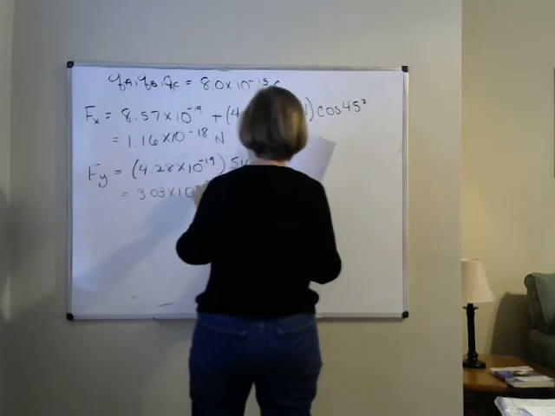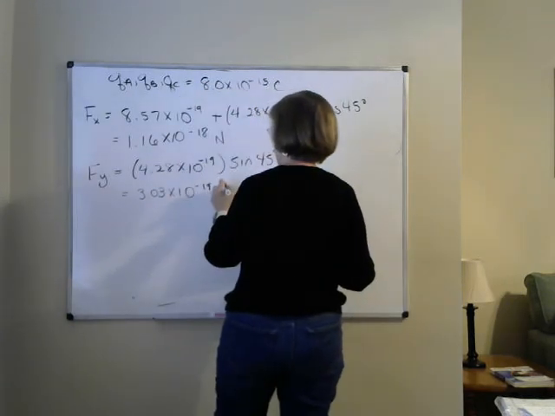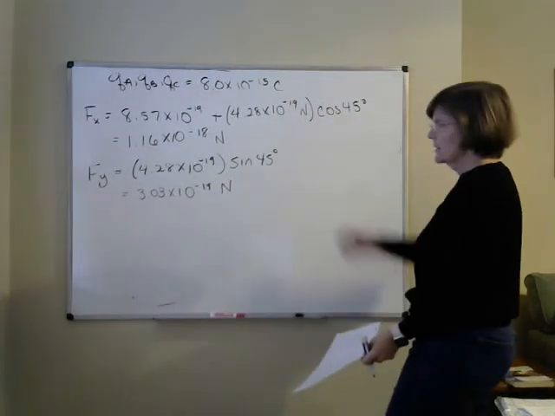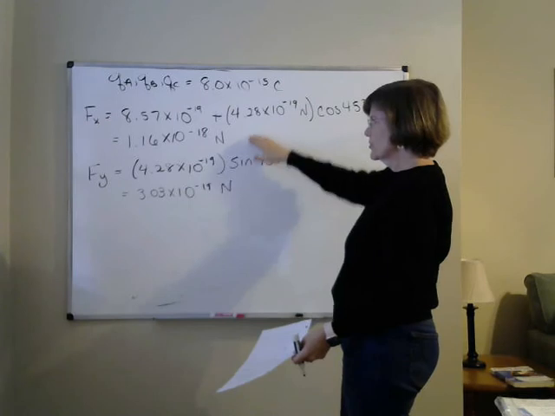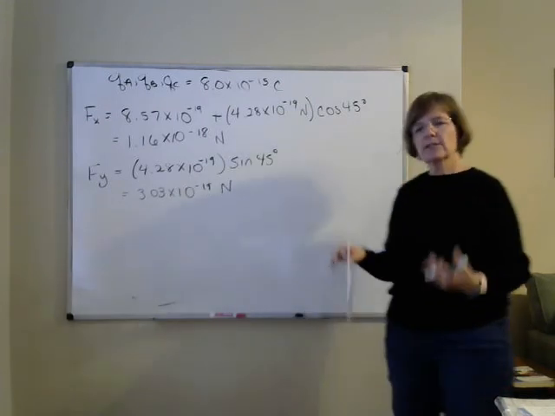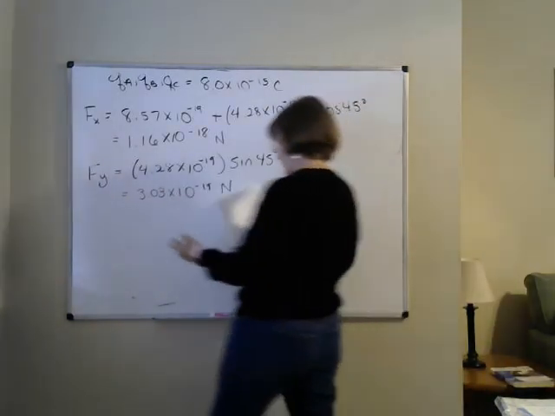to the negative 19 newtons. I just have two forces. It's got this much in the x direction, this much in the y direction. To get the magnitude of that total, I do the Pythagorean theorem.